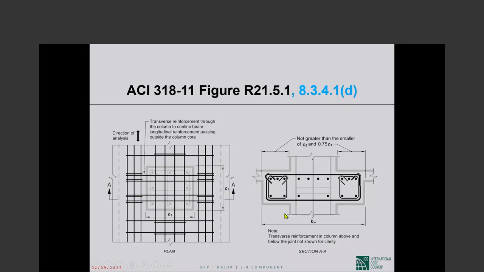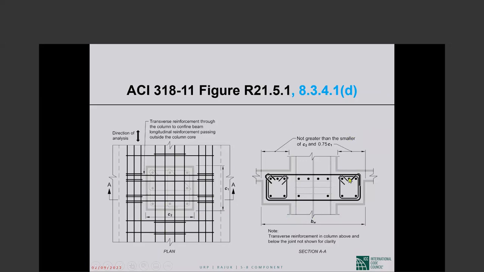This is the c sub 2 dimension, and the c sub 1 dimension is into the screen. I hope you're with me. If you cut a section here, this is c sub 2, this is c sub 2, and the c sub 1 dimension is into the screen.